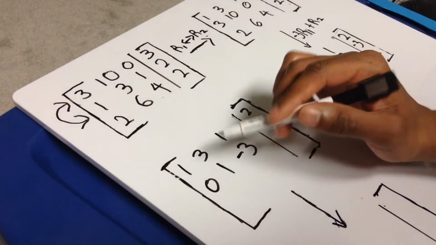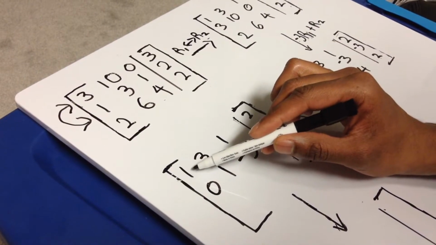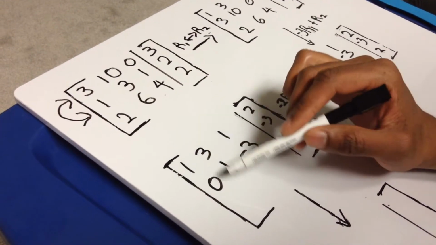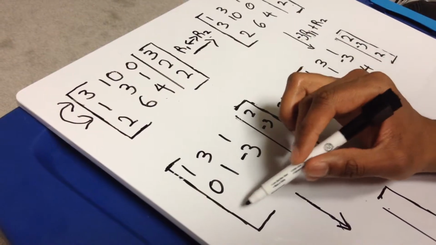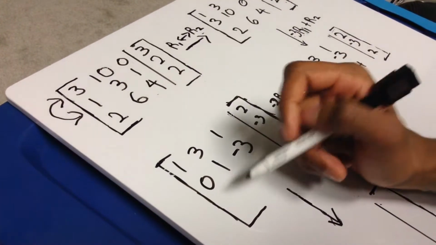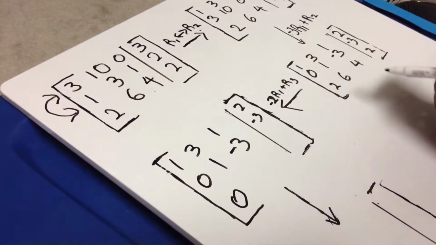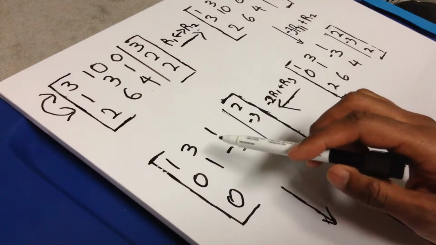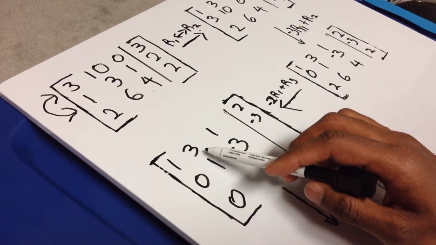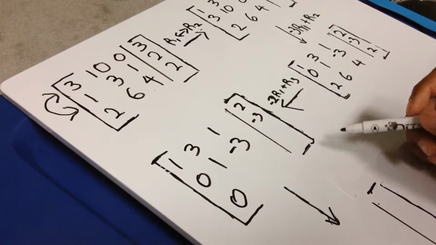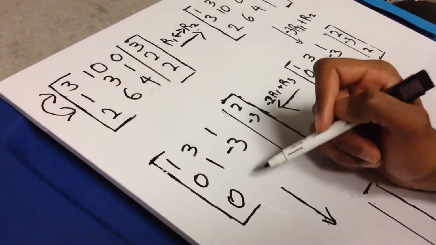Alright, so a multiple of -2 times 1, that's -2, added to 2 is now 0. -2 times 3 is -6. You add it to 6, and that's 0.